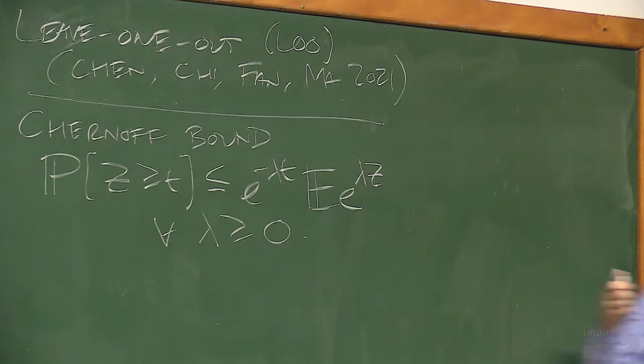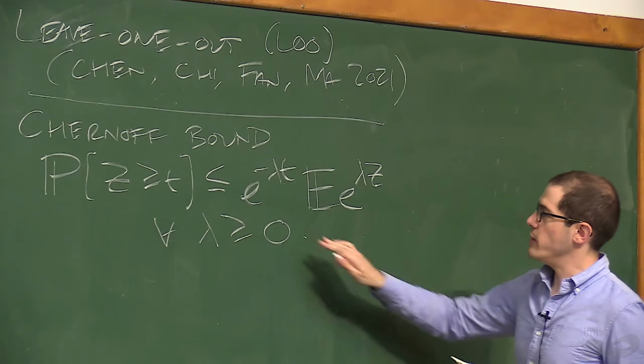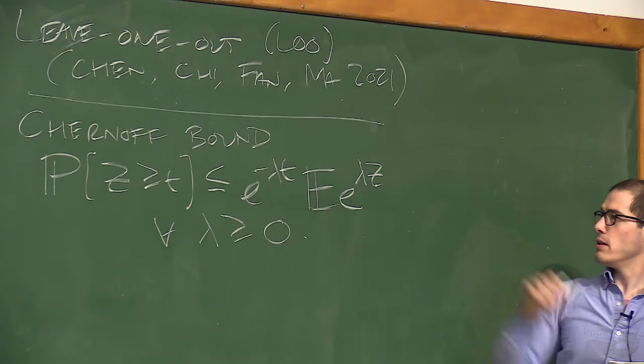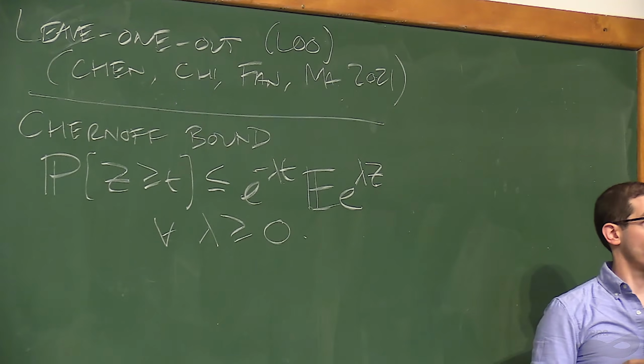So the probability that some random variable Z is bigger than some value t can be bounded in terms of its MGF and a kind of penalty factor evaluated at some particular lambda.